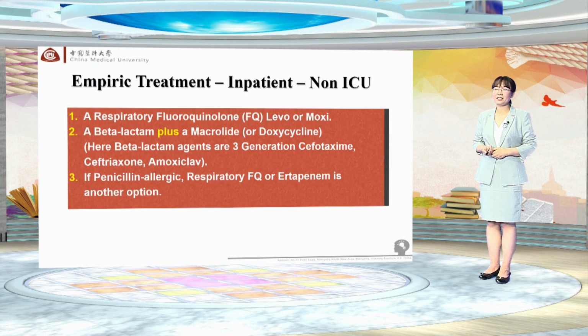For the hospitalized non-ICU patients, you can choose the following regimen. First, a respiratory fluoroquinolone. Second, a beta-lactam plus a macrolide or doxycycline. If penicillin allergic, respiratory fluoroquinolone or ertapenem is another option.